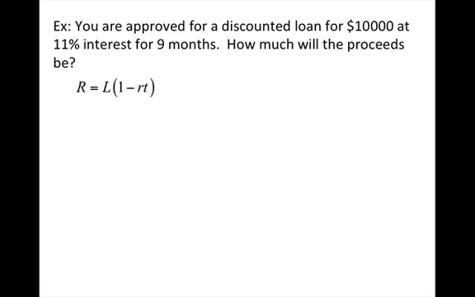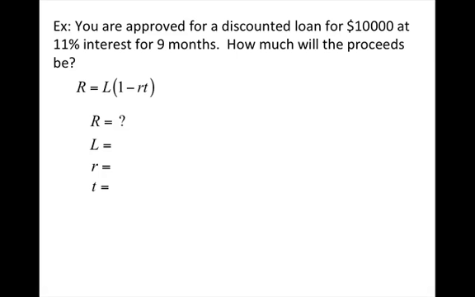So if I look at my formula, R equals L times 1 minus rt. My variables are the capital R for the proceeds, L for the loan amount, lowercase r for the interest rate, and lowercase t for the time. So this time, the capital R, my proceeds, is what I'm being asked for.